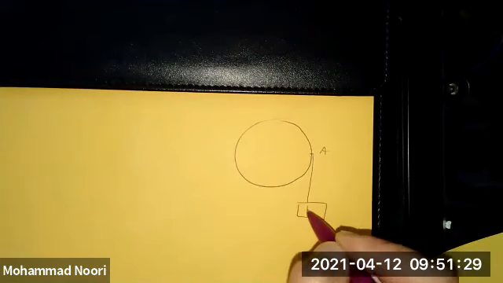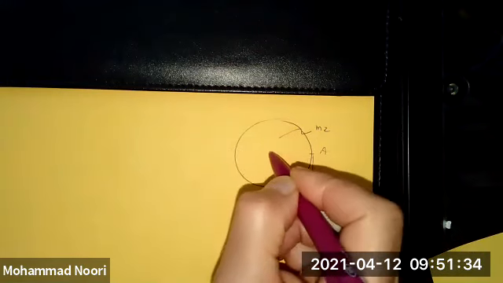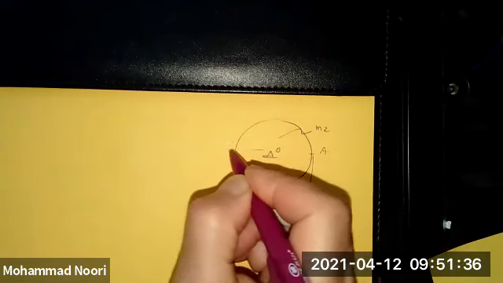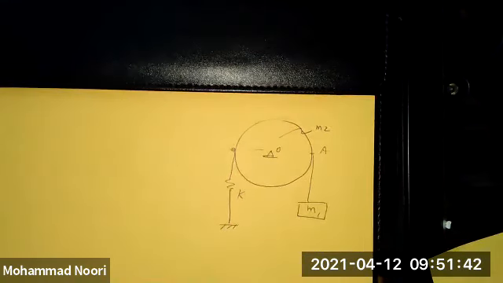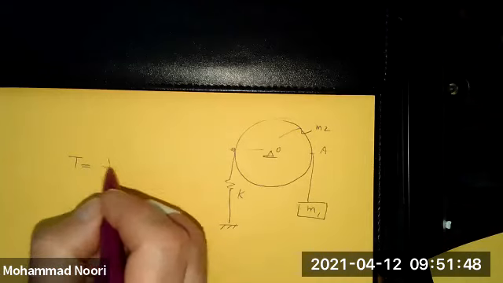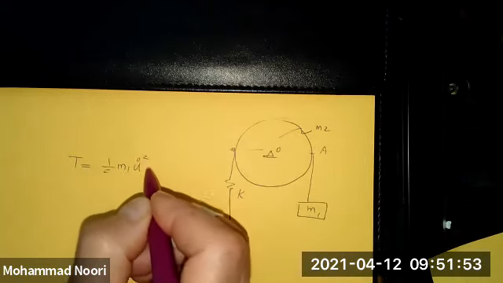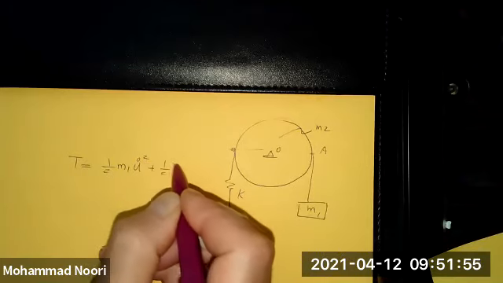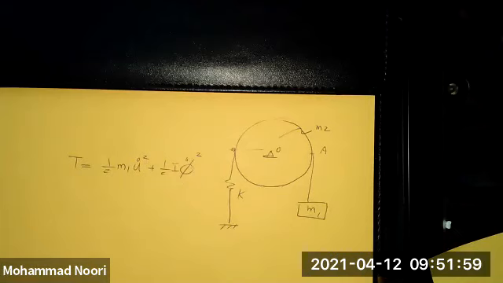I assume that the spring is attached to this point here. The kinetic energy was 1/2 m1 u dot squared plus 1/2 I phi dot squared.